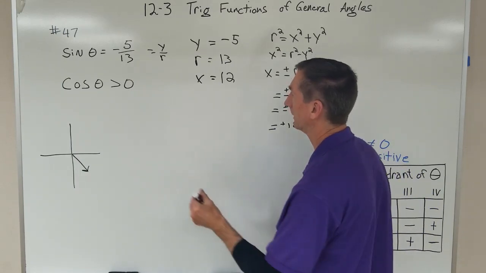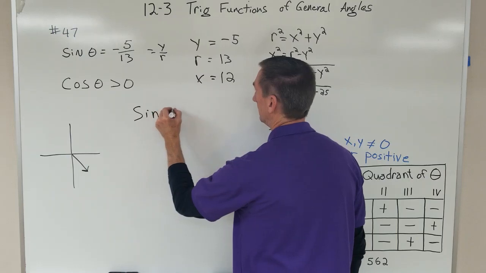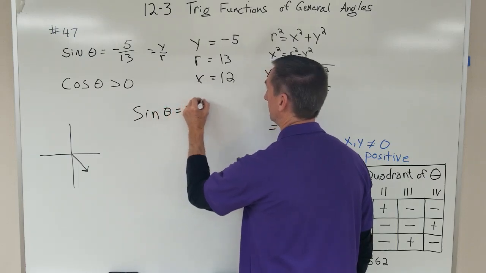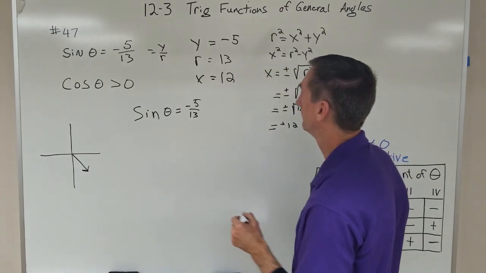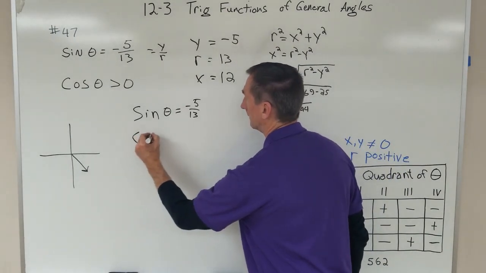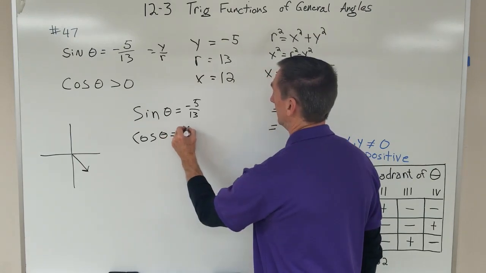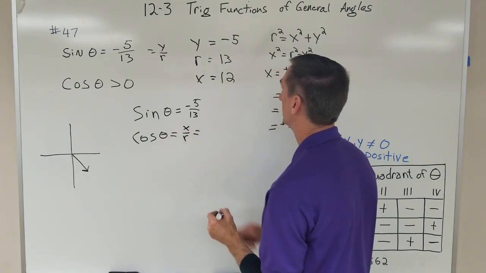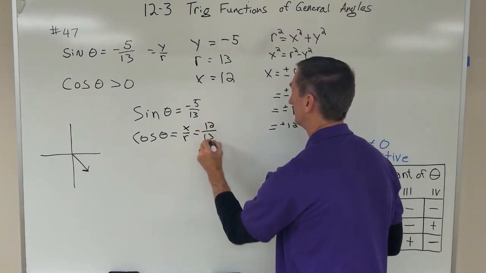Quite easy to do. All right, so they already gave me the sine. Sine of theta is equal to -5/13. That's y over r. All right, cosine. Cosine of theta is equal to x over r, which in our case is 12 over 13.